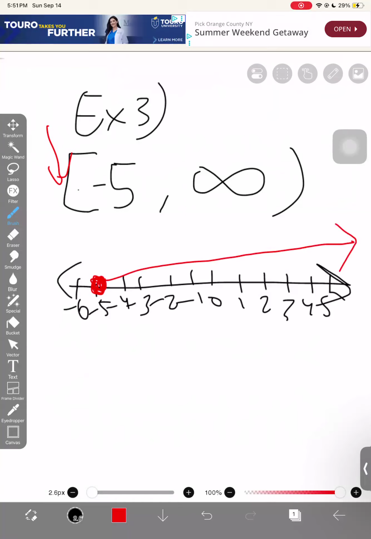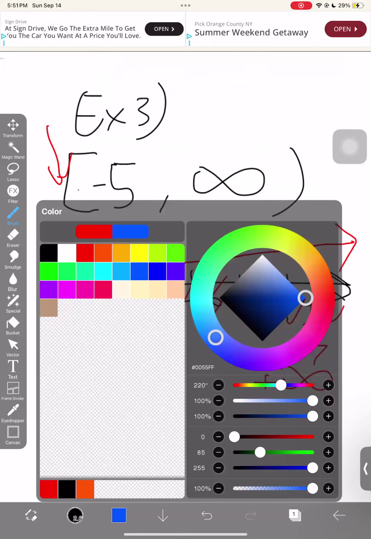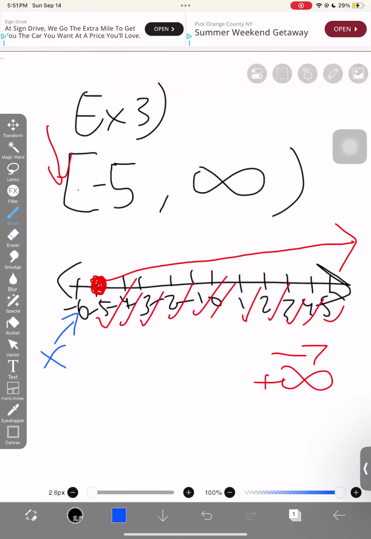Why? Because x can be -4, it could be -3, -2, -1, 0, 1, 2, 3, 4, 5, and it could go on forever and ever to positive infinity. It could be all these numbers, and it could even be -5, but what it cannot be is -6. That's a no. So that's why our arrow goes that way.